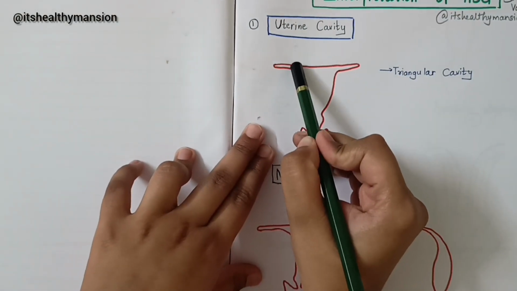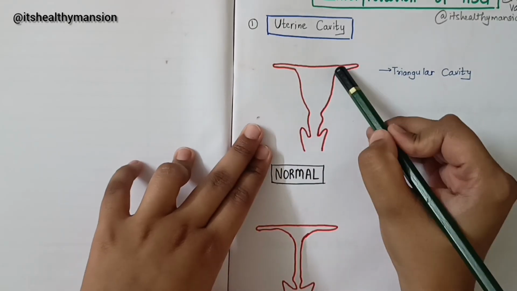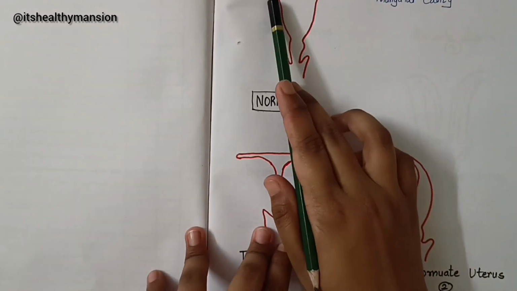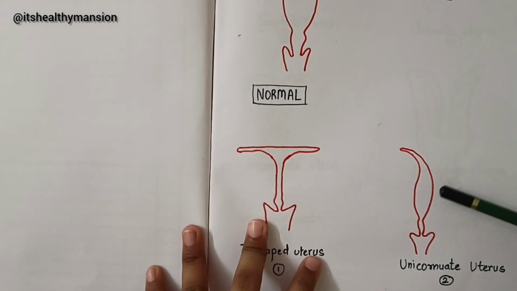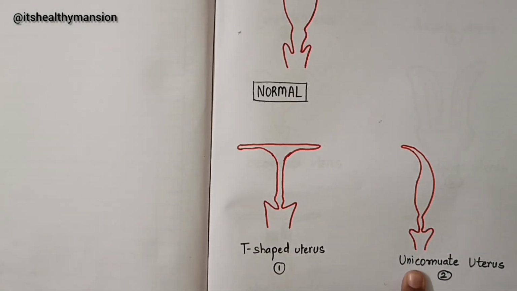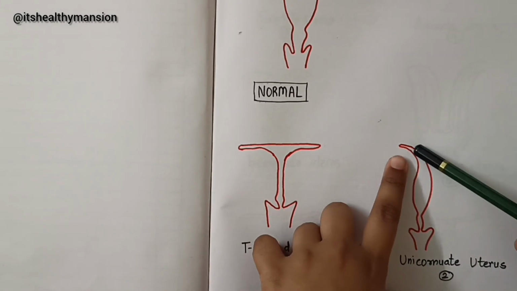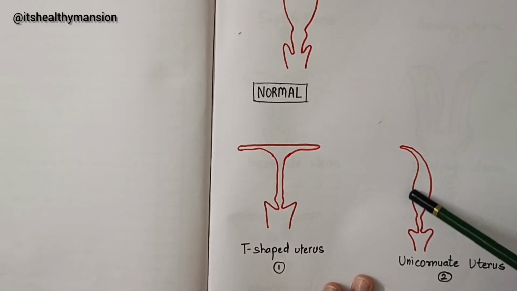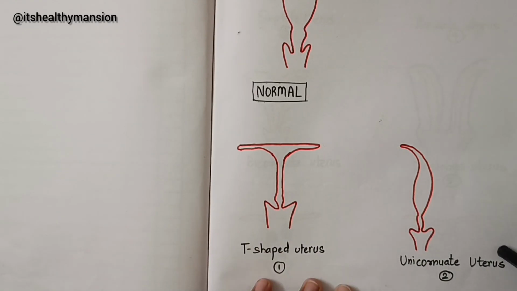This is cornua one, this is cornua two, that is the left side. Now here in unicornuate, uni means one. It means there is only one cornua, there is no other cornua. So it is also a uterine abnormality you may see in HSG.